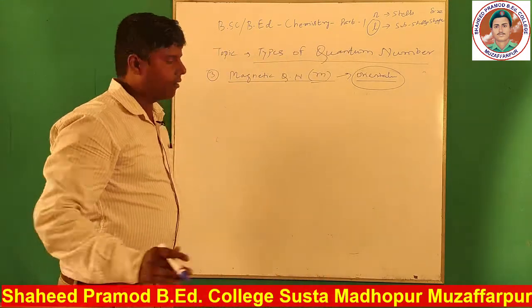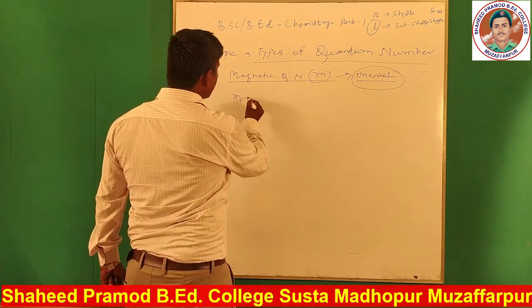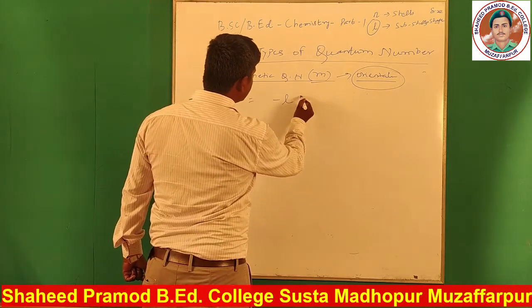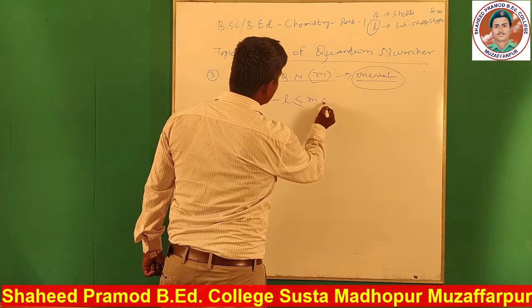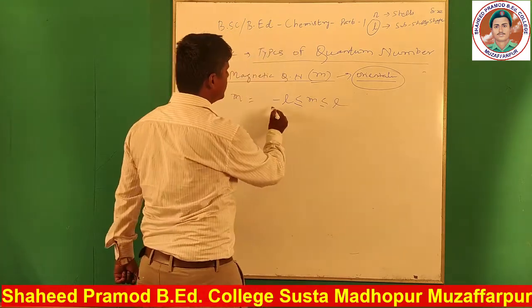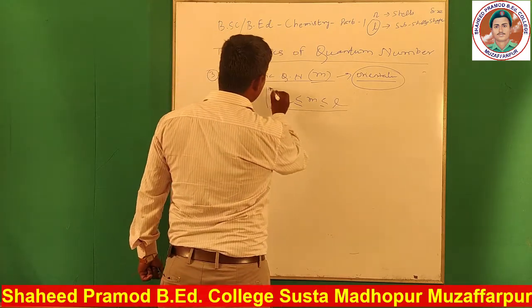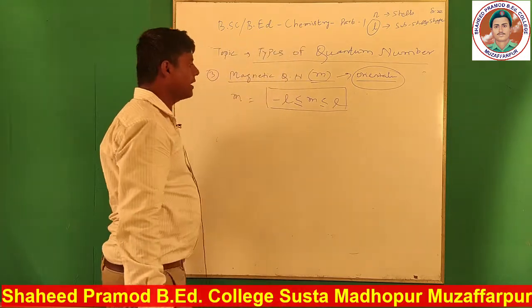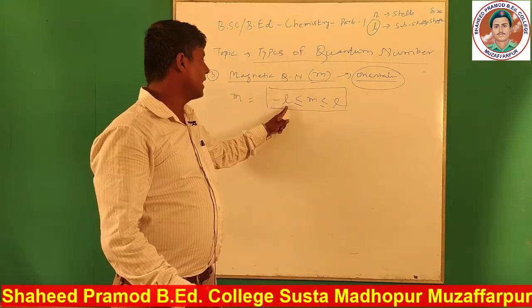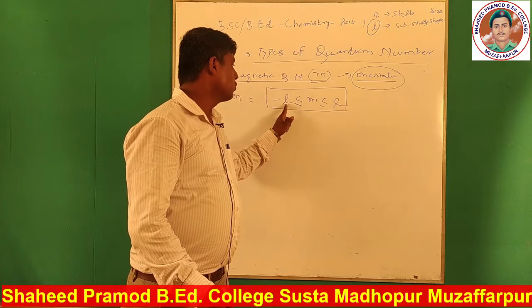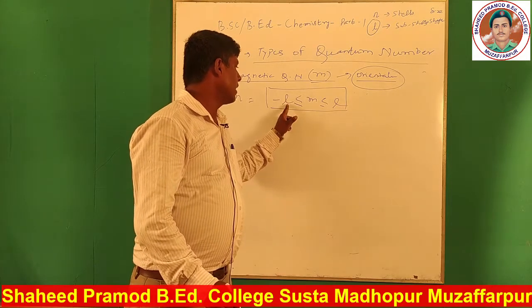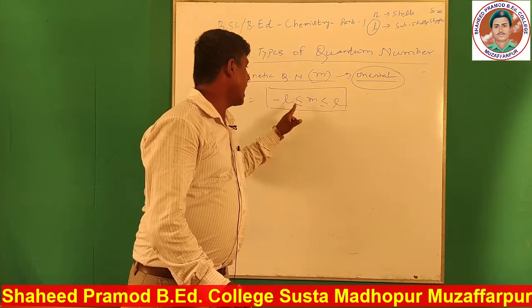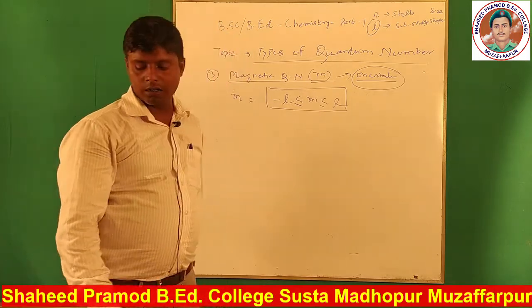The range of magnetic quantum number lies between -L and +L. Whenever you know the value of L, that is azimuthal quantum number, you can easily find out the value of M as it is the range of magnetic quantum number.